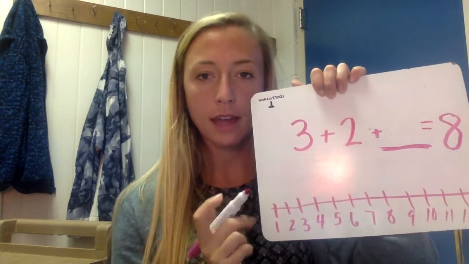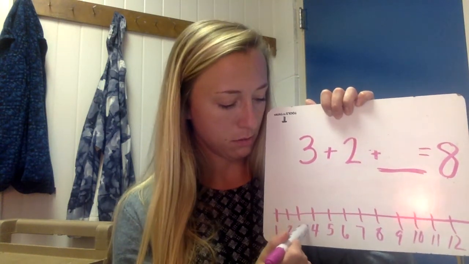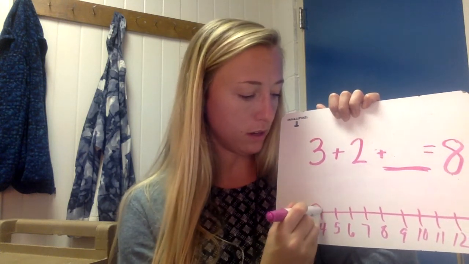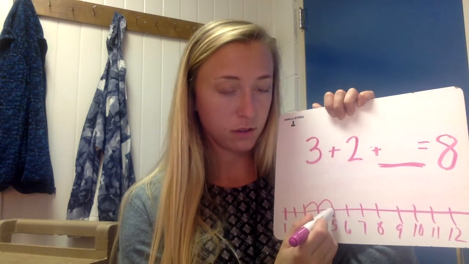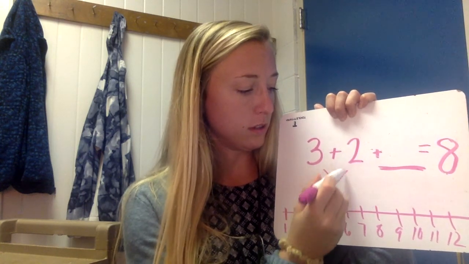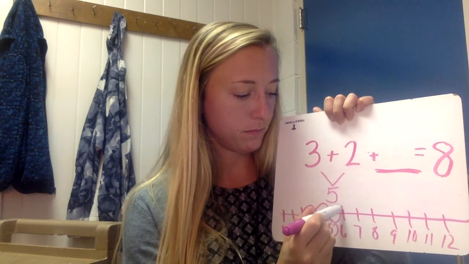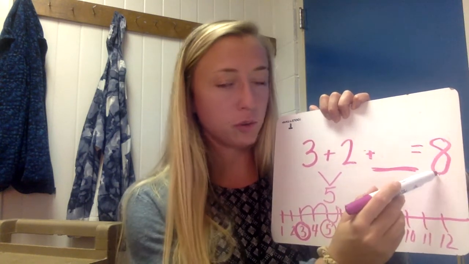So we can start at 3. We're going to start here. So you put a circle around 3. We've done this before with the number line. You jump 2. So 1, 2. This is 5. We're here. Then we have to get to 8.